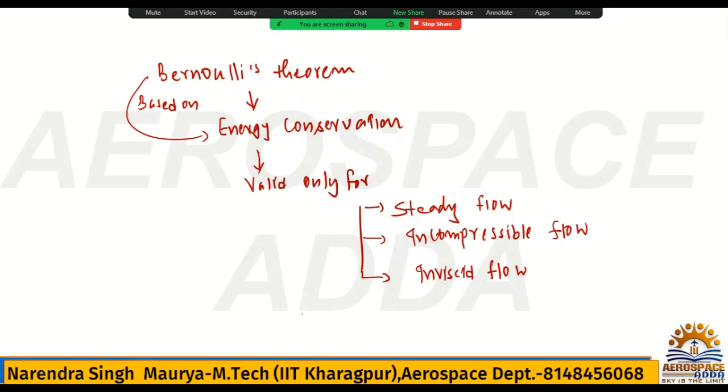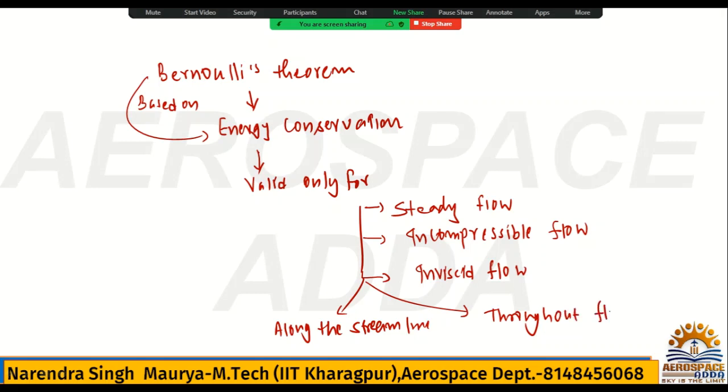Two things are there: valid along the streamline, what is the streamline, will tell you, or throughout the flow field. What is the meaning of it? It can be valid throughout the flow, meaning anywhere in the flow you can apply it, or only along the streamline you can apply it. There are conditions, so we'll discuss that later.